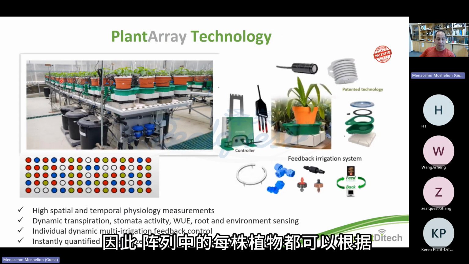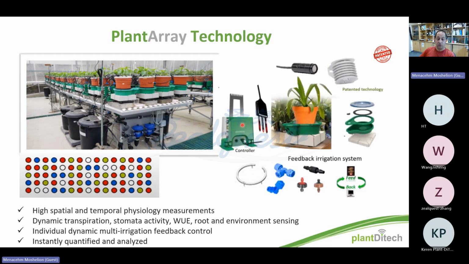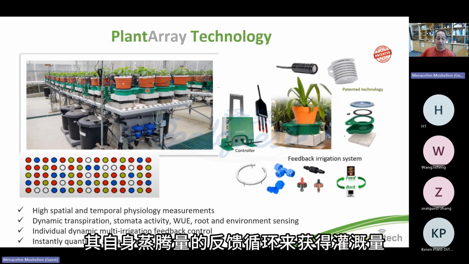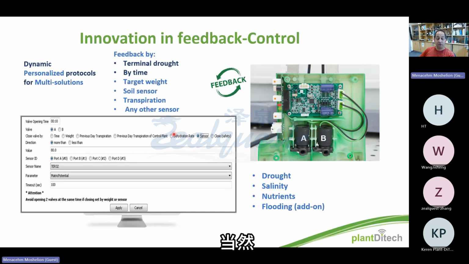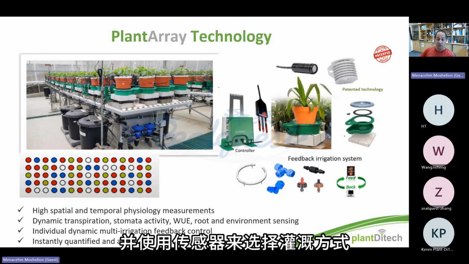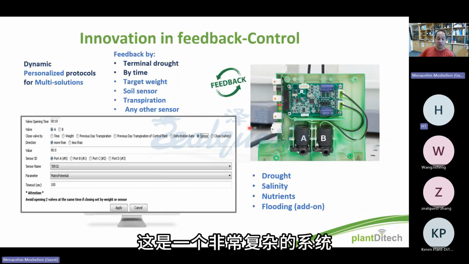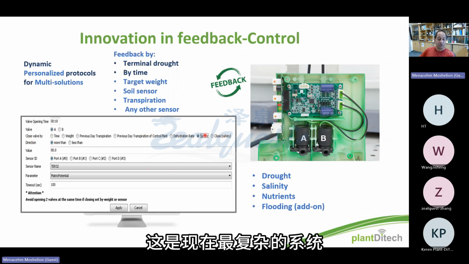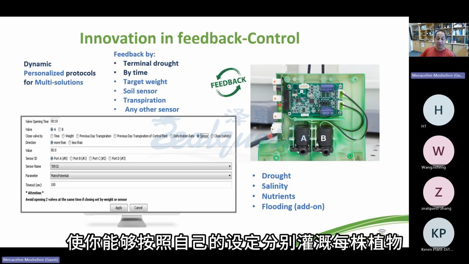So each plant in the array can get irrigation in a feedback loop based on its own transpiration. And of course, we can also irrigate by the sensor, so we can choose the sensor and use it to choose the irrigation pattern. This is the most sophisticated system today that enables you to irrigate each plant separately, as you wish.